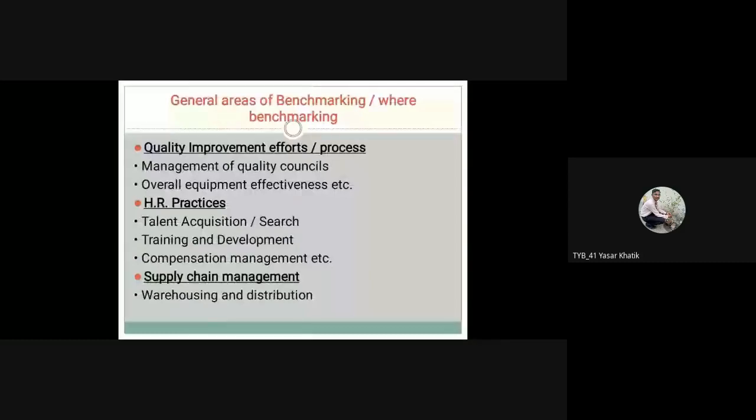Next is HR practices. So in the talent acquisition search, you have to hire some new candidates who have modern techniques, who have modern knowledge regarding the organization's production. So you have to hire new talented students.